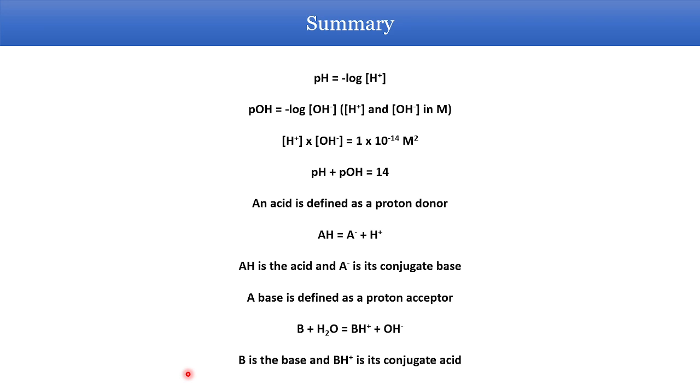An acid is defined as a proton donor, a base is a proton acceptor, and AH, what is mentioned over here, is an acid that donates a proton, and A minus is your conjugate base, whereas on the other hand, B, which accepts a proton, acts as a base, where your hydroxide minus is your conjugate base and your BH plus is the conjugate acid.